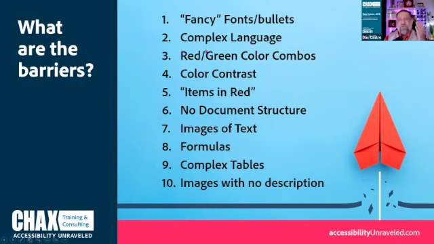Of course, we know red-green combinations have a colorblind connotation. And so having things that are red and yellow and green, we see this all the time. We call it the stoplight syndrome, where red is behind schedule, yellow is at risk, and green is on schedule or on budget. The problem with that is if you just have yellow, red, and green circles, you don't have an ability to tell one color from another, just like that text we were looking at before.